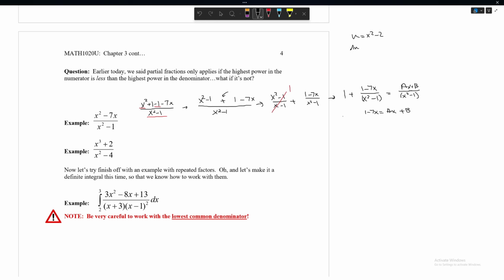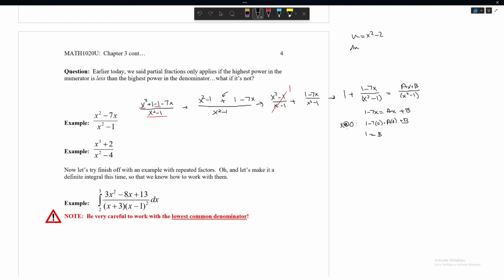Set x at 0, 1 minus 7 times 0 equals a times 0 plus b. And you see what I can do here is this goes to 0, this goes to 0, equals b. And now you take it, you sub it in, you sub another number in, and you go from there. And I'm pretty sure you guys can take it away from here.